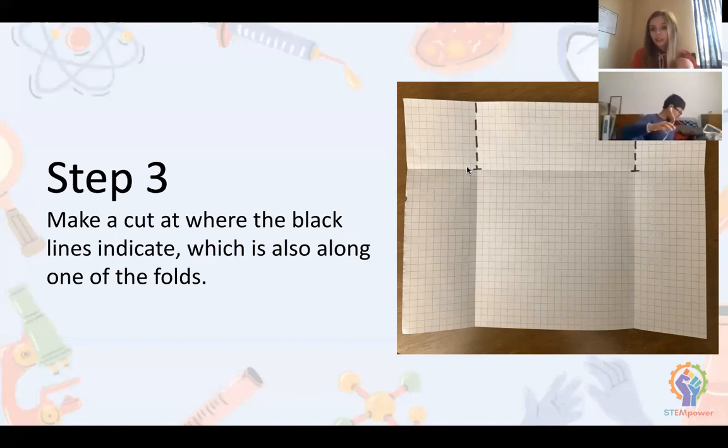Don't cut the square out, just cut the black line. We want to keep the square in. Just cut the black line and do it on both sides. Well, no, you only want 2 cuts, not 4, okay? You only want the 2 on the sides. Like this? Yeah, perfect.